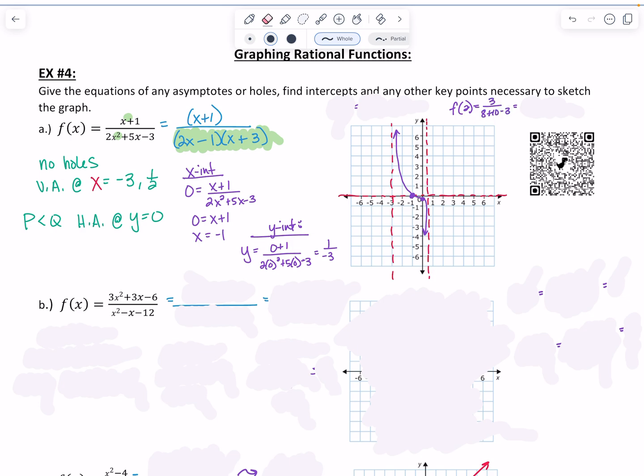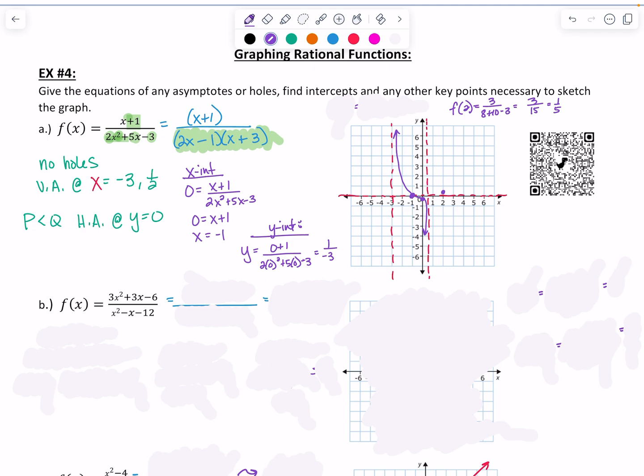If I plug in a 2 to the denominator here, that's 2 squared, which is 4, times 2, which is 8. 2 times 5 is 10 minus 3. So I have a 3 on my numerator, and 8 plus 10 minus 3 on my denominator. I ended up getting a y value of positive 1/5. So when x is 2, y is positive 1/5.